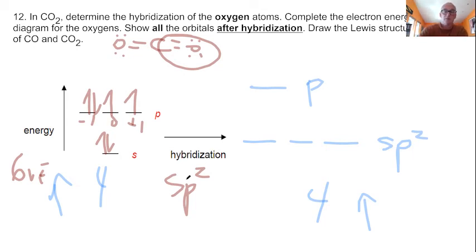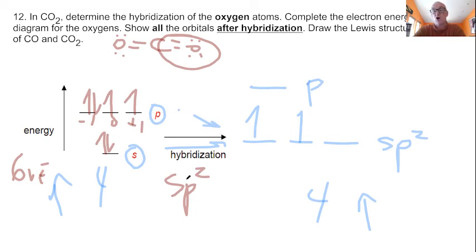How can you tell which has the lower energy? Because we've hybridized s and p, the energy is going to be between s and p. So I put it a little bit higher than the s, but not quite as high as the p. The p is always going to be at a higher energy.